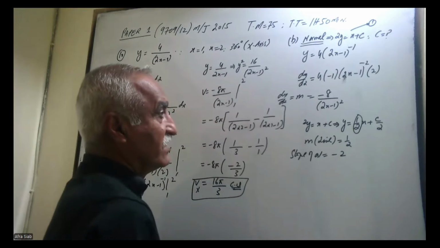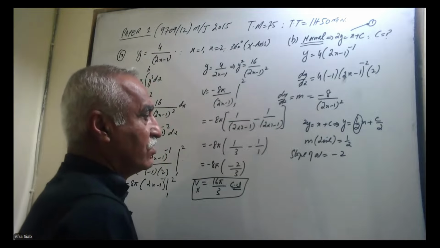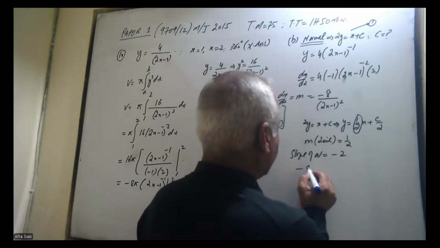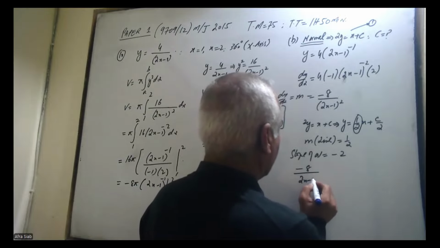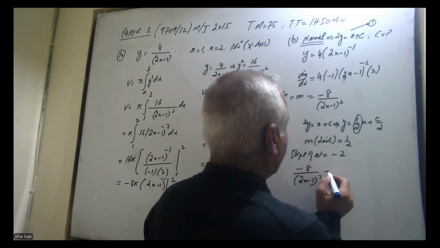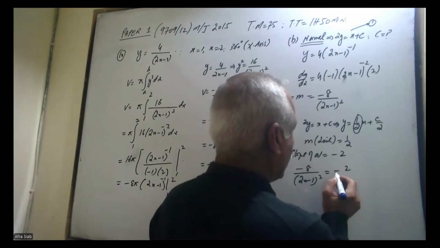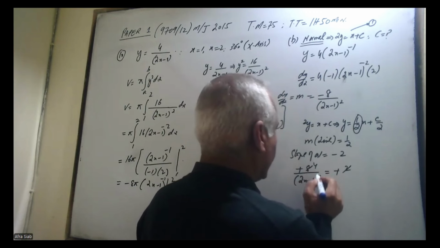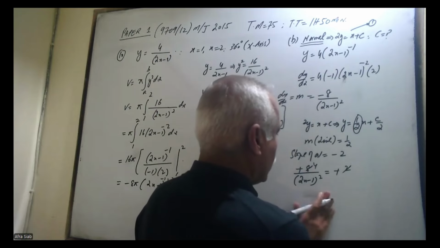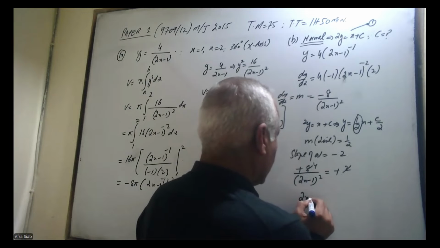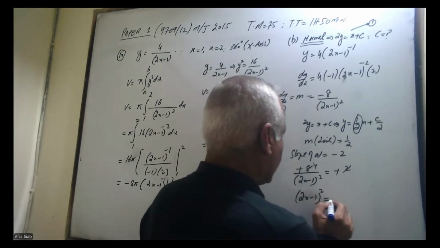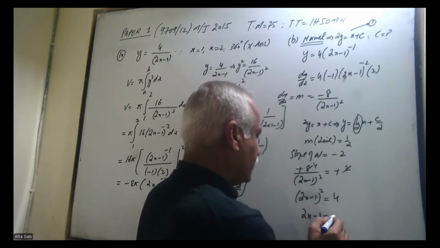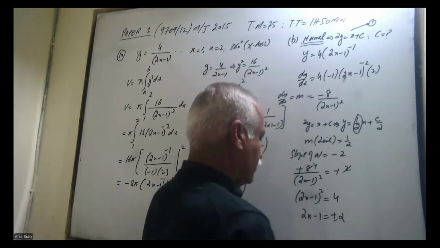Now the slope is given as minus 8 over (2x minus 1) whole squared equal to minus 2. So minus and minus make plus; 2 ones are 2, 2 fours are 8. So we can write this as (2x minus 1) whole squared equals 4, or 2x minus 1 equals plus or minus 2.